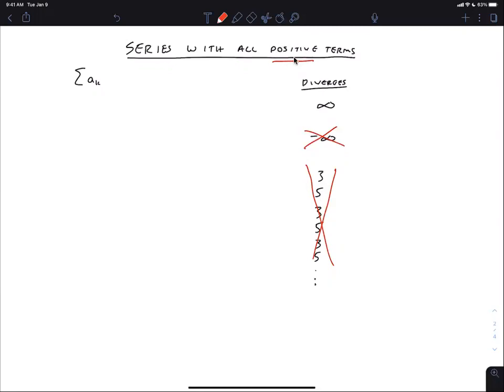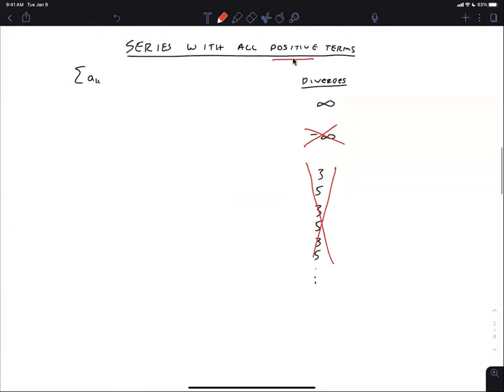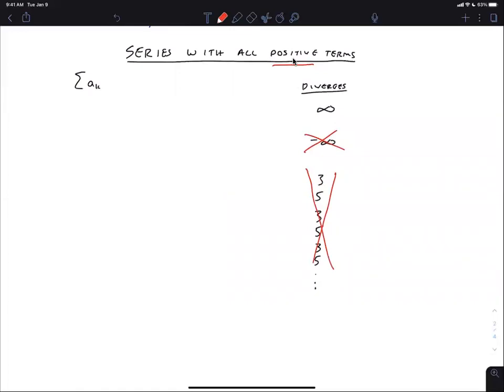Does that make sense? Okay, so the idea behind what we're about to do for more complicated problems like this is that if it's a series that has all positive terms, the only way for it to diverge is for it to go to infinity. Does that make sense?